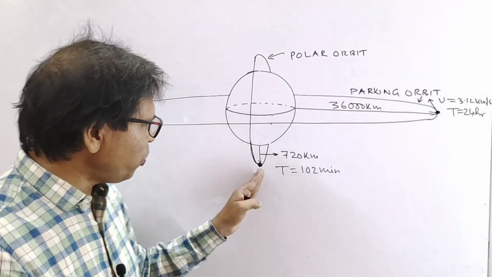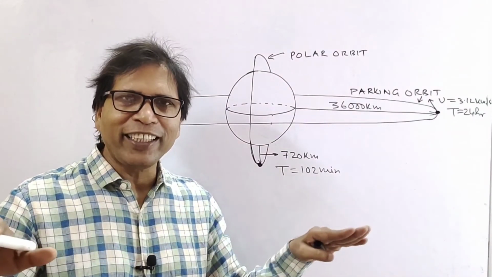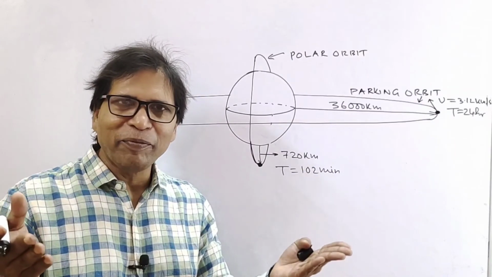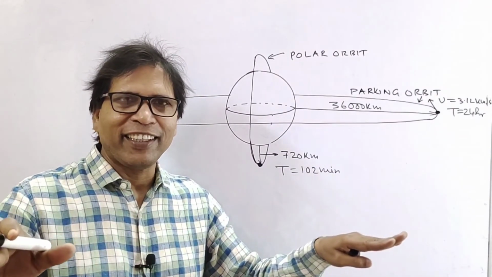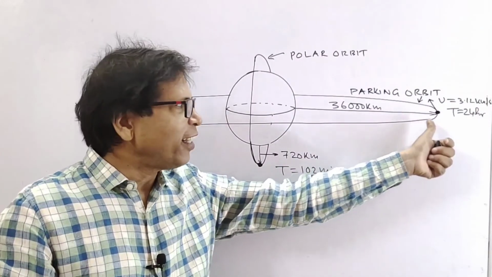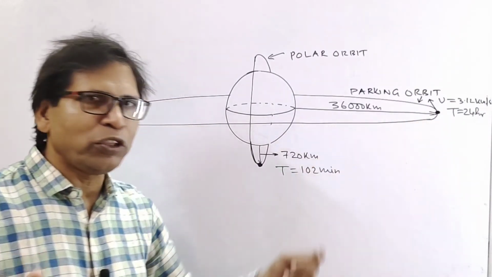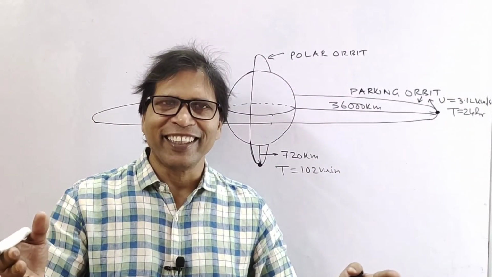The polar satellite is used in weather forecasting, GPS system, and to form a map of a place. Now, the use of a geostationary satellite: it is used for telecommunication and live telecasting.